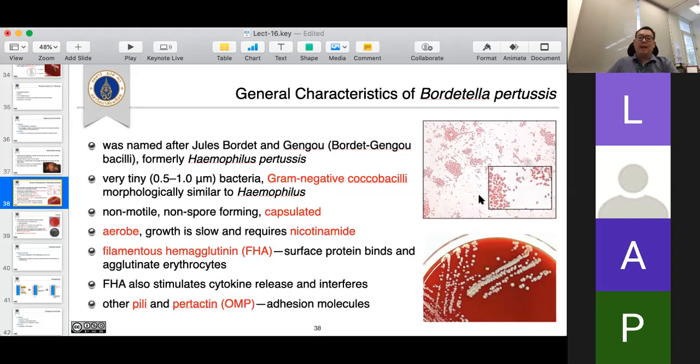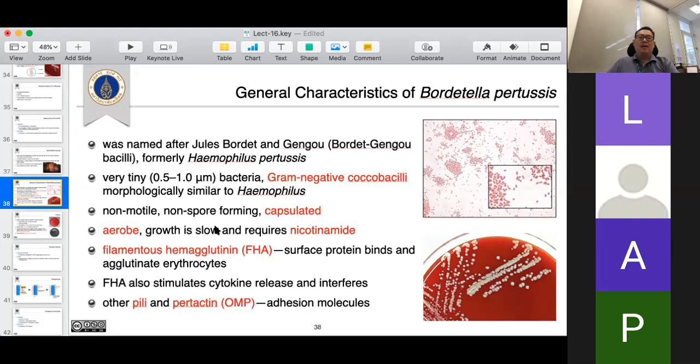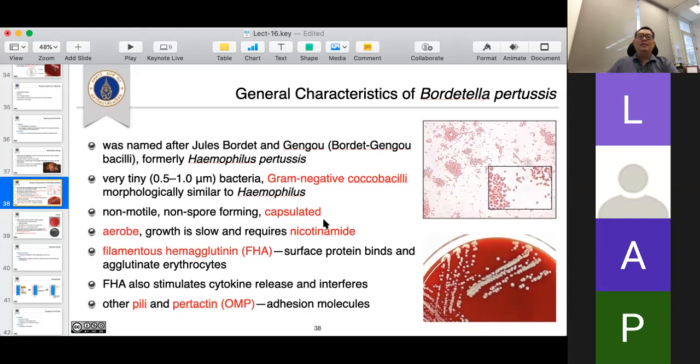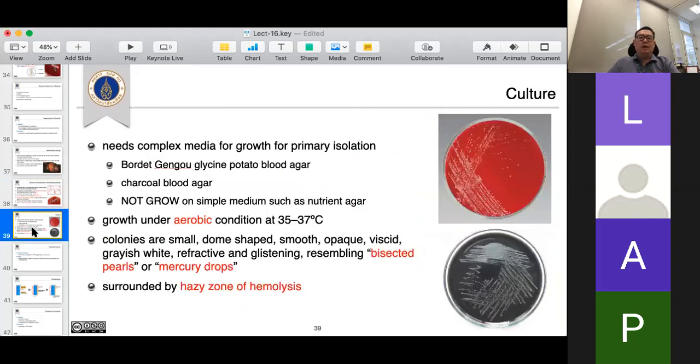They produce capsule, aerobic. They need NAD to grow. Okay, they need NAD.